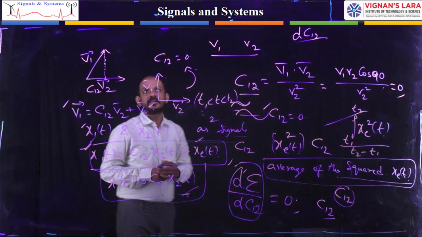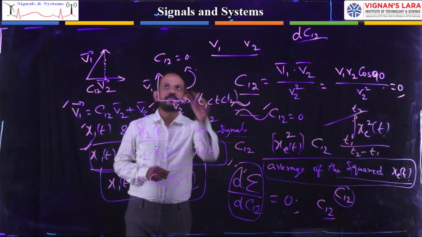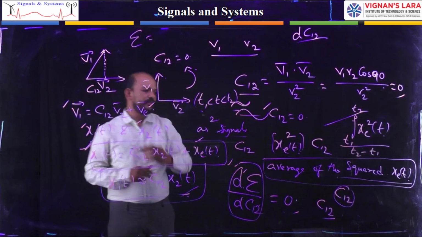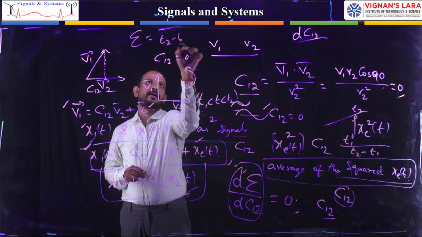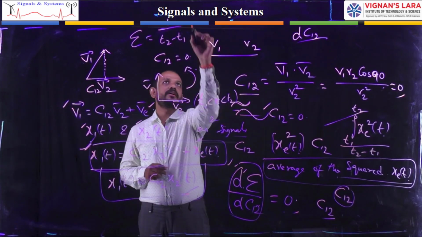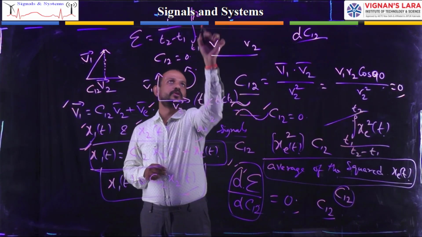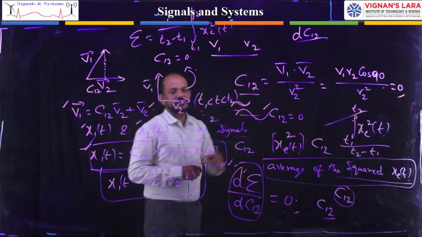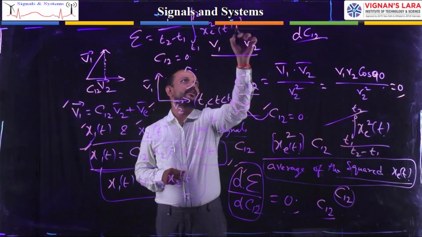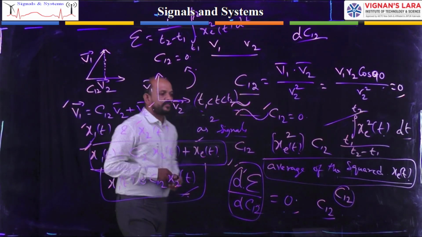So finally the value of this will be equal to 1 by t2 minus t1 integral t1 to t2 xe square of t dt. So this is the equation for this one.